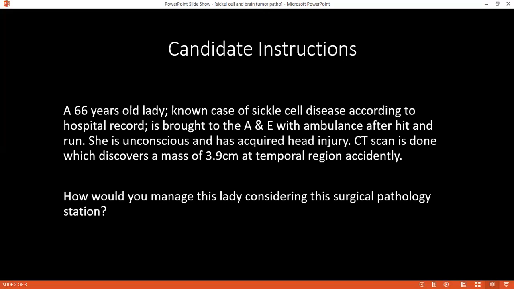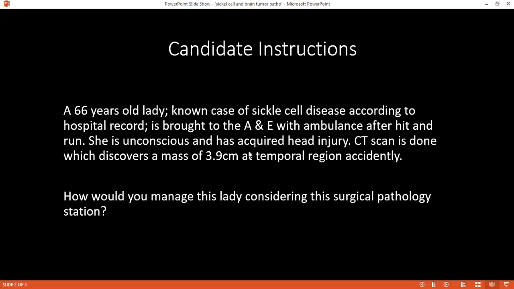Vaso-occlusive crisis. Yeah, but that can lead to worsening of anemia, because these patients present with very low hemoglobin values, and that is normal for them to live.